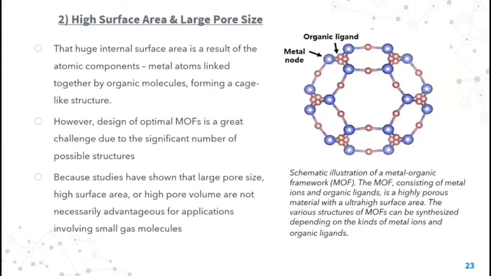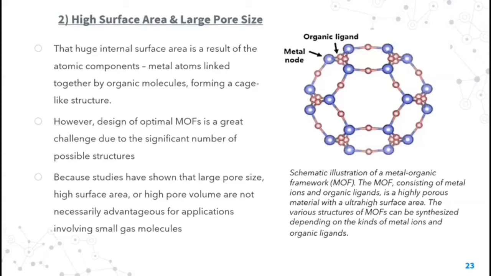Second one is the high surface area and large pore size. They have an internal surface area that is a result of the atomic components: metal atoms linked together by organic molecules, forming a cage-like structure. MOF design is a challenge due to the significant number of possible structures.